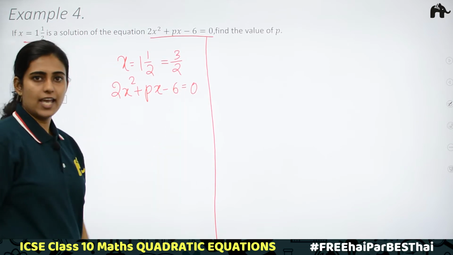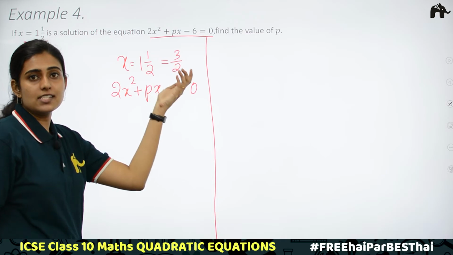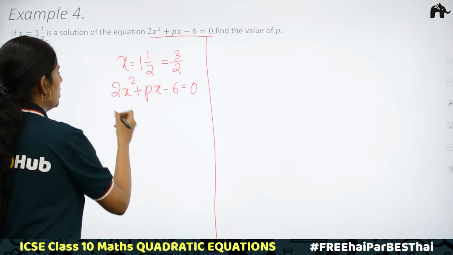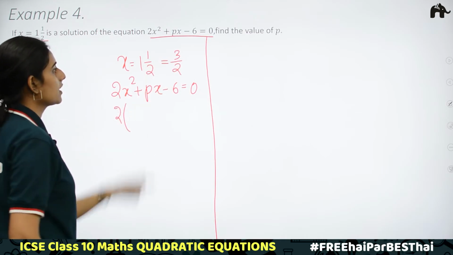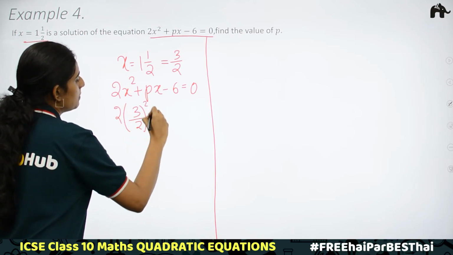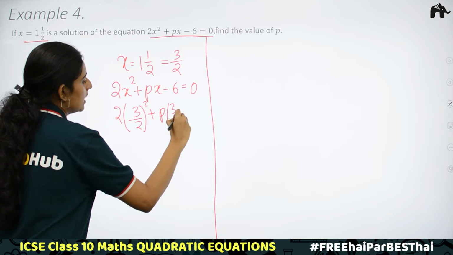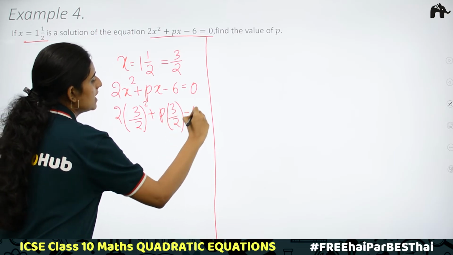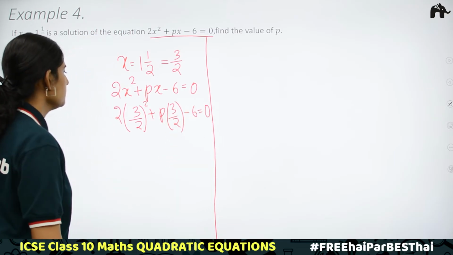Substitute the value of x, because given x is a solution of the equation. 2 into (3 by 2) square plus p into 3 by 2 minus 6 is equal to 0.